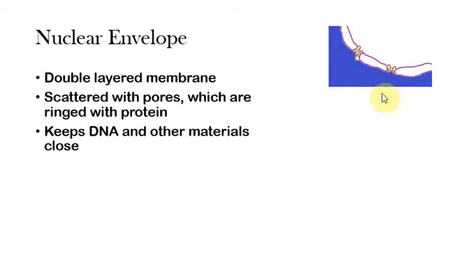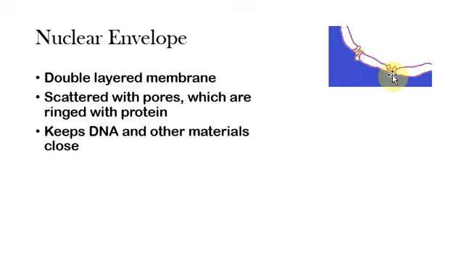And so it's two layers, it has that space. Now, as you can see in this little picture, there's these pores, which are made up of huge multi-protein groups that allow substances and large objects to pass through, relatively large, such as ribosomes can pass through there, and RNAs, and of course the solution of the cytoplasm. And so those are the pores.